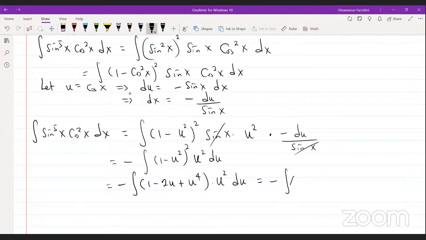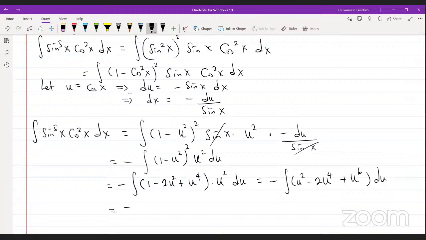Okay, so you do have u squared minus 2u to the fourth power, plus u to the sixth power, then you have a du. Amazing, guys, amazing. So now just go ahead and integrate this guy.